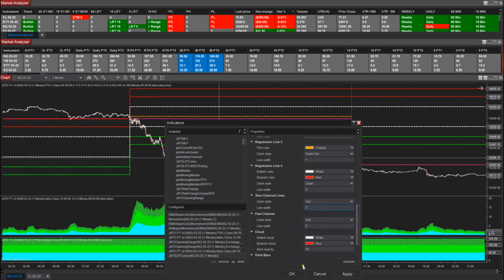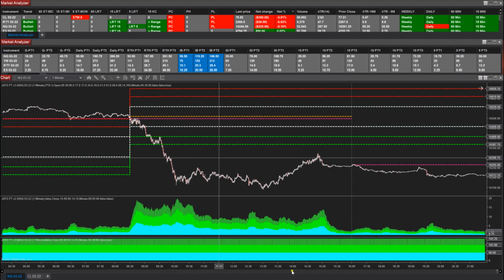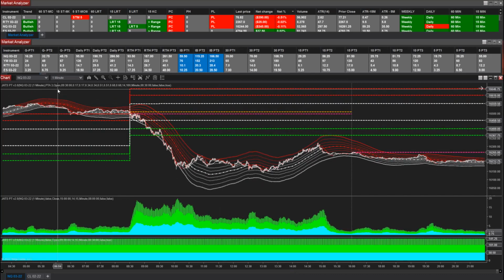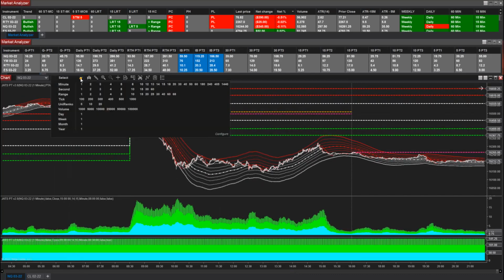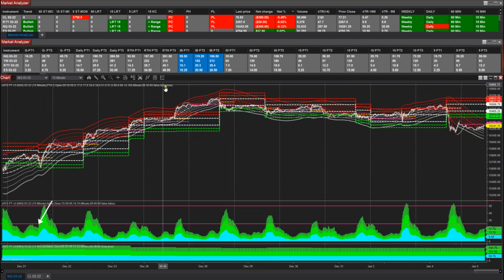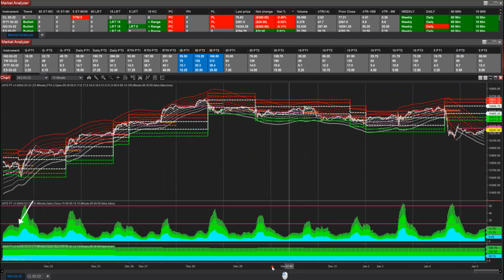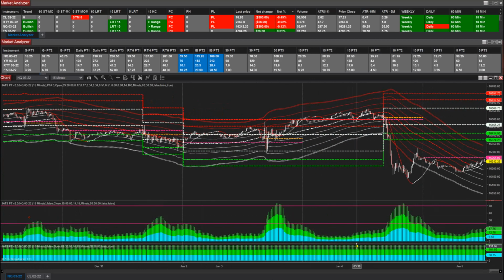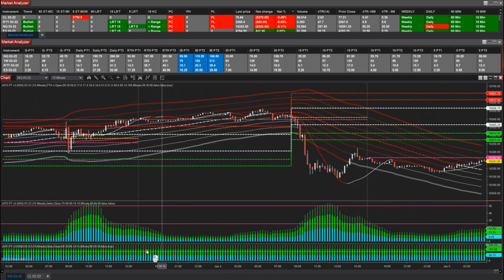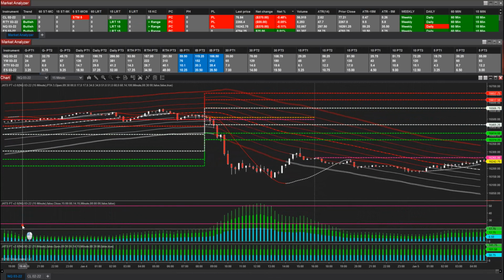And so when the rubber band stretches so far from the main trend line, it usually signals a reversal back to the trend. Or a breakout.